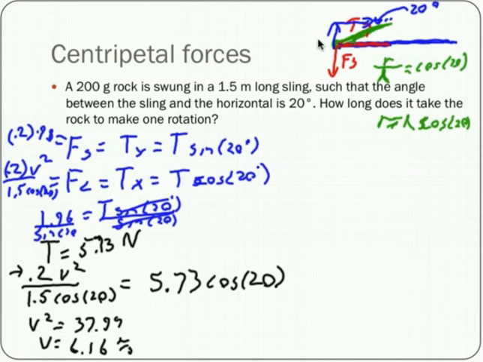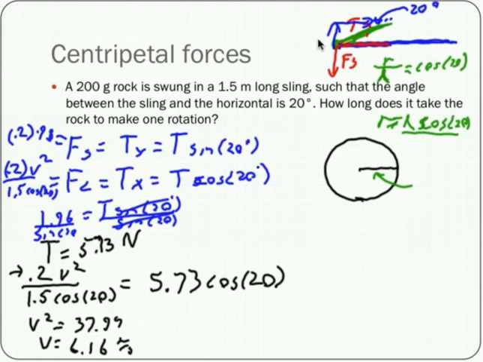But the question is, how long does it take the rock to make one rotation? To figure that out, since we know the speed, we need the distance it goes around in our circle. Fortunately, we have a way of figuring out the circumference, because we know the radius of the circle is that L cosine 20 right here. And L we said is 1.5.